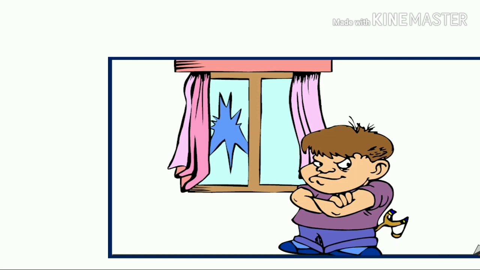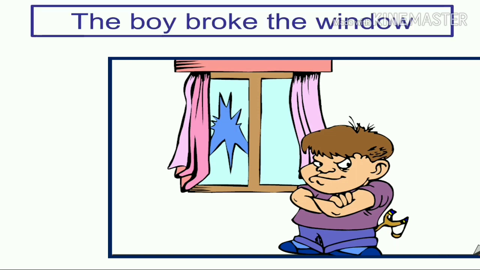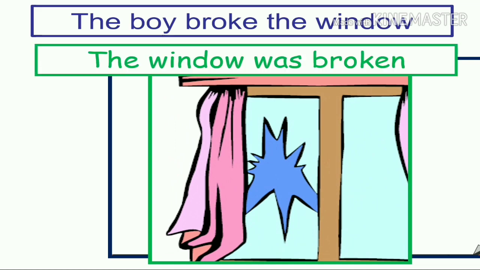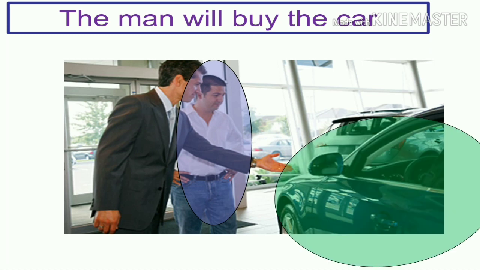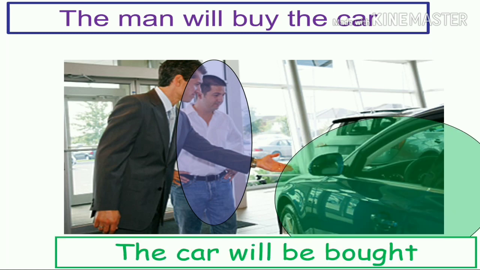Okay, now let's read another sentence. The boy broke the window. Now the window was broken. The man will buy the car. Can you guess? Yes, the car will be bought by the man.